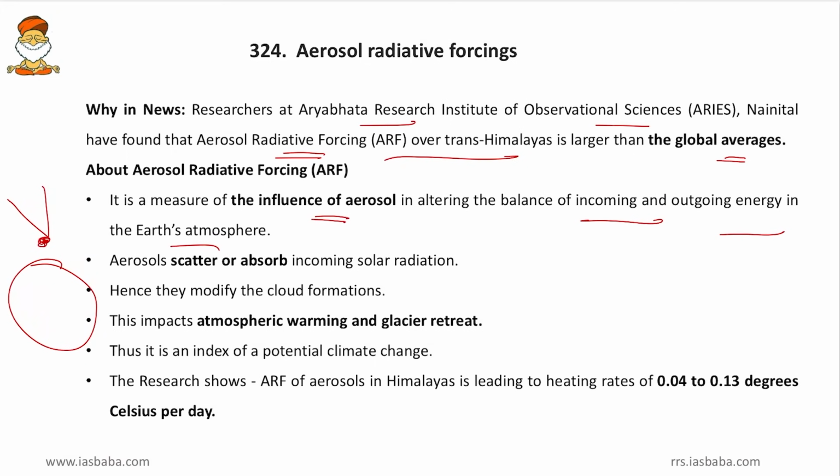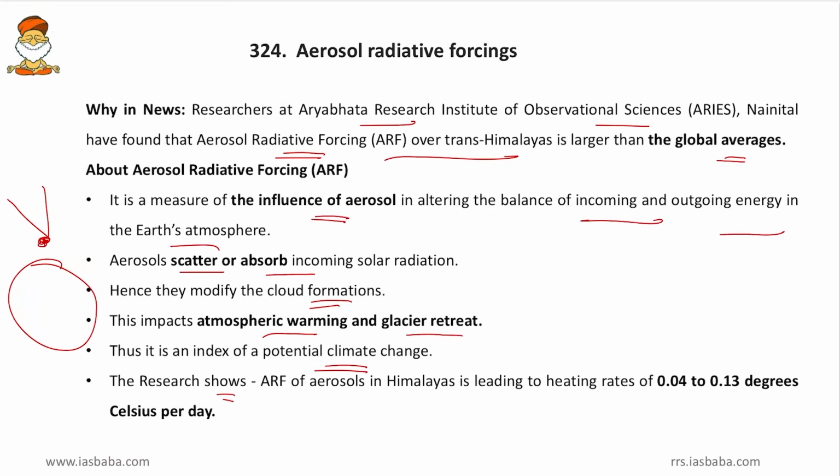So aerosols scatter or absorb the incoming solar radiation. Hence they modify the formation of clouds. Yes friends, so this impacts atmospheric warming and glacial retreat. So the heat absorbed or scattered will vary the atmospheric warming or the glacial meltdown. Thus it is an index of potential climate change.